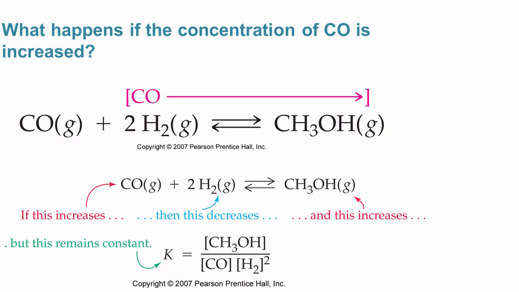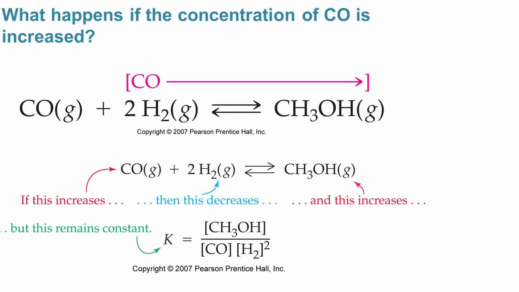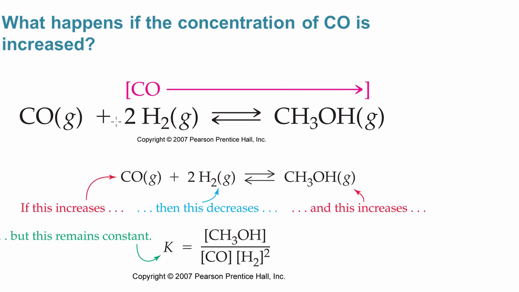So let's take a look at what happens if we change the concentration. So here we have a reaction, carbon monoxide and hydrogen, to produce methanol. Okay? So let's say we increase the amount of carbon monoxide. And again, the system will be at equilibrium.